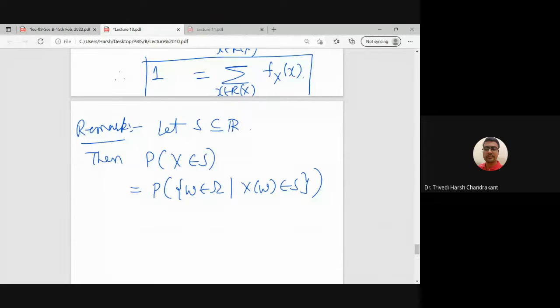We need to take the union over S. But S may contain points that are not in the range of X. If a point is not in the range, the probability is 0. So therefore we need to add only those points in the set which are in the range of the random variable, and the probability of those events.